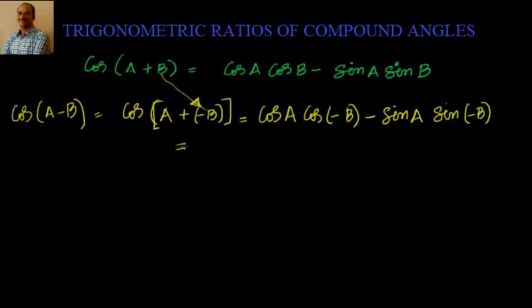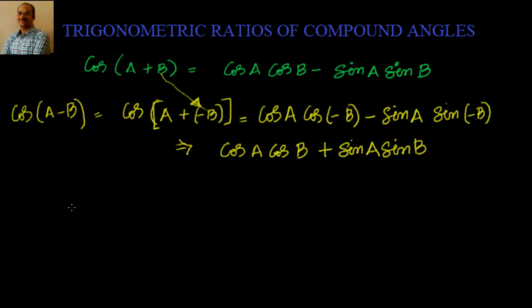So if I simplify this, cos of minus theta is cos theta, we know that, right? So this becomes cos a cos b minus sin a sin of minus b. Sin of minus theta is minus sin theta. So minus into minus becomes plus. So this becomes cos a cos b plus sin a sin b.